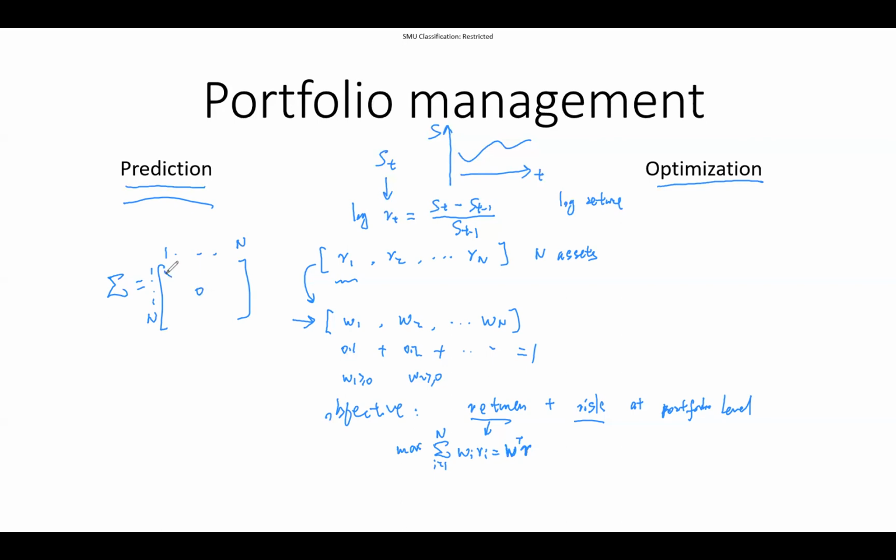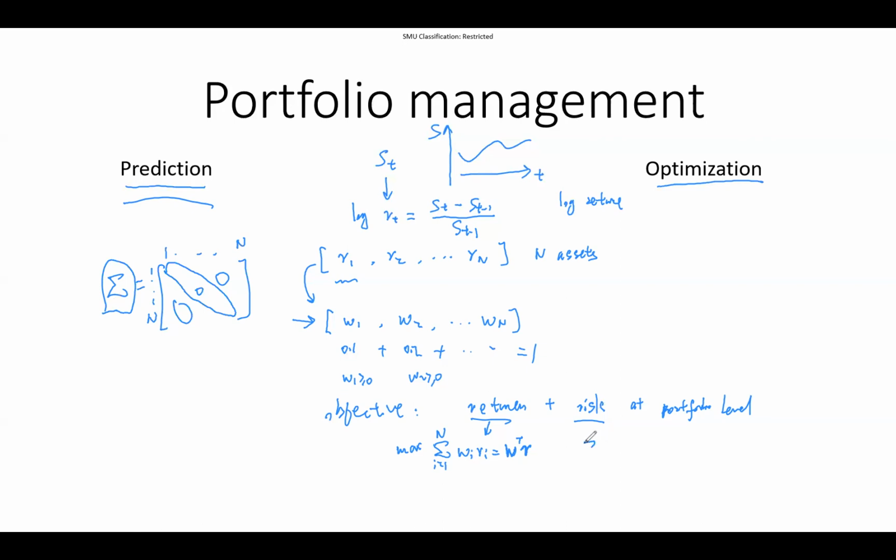The diagonal entries are the variance of the assets themselves, and the off-diagonal parts describe the covariance between different assets. We use sigma to denote the covariance matrix of this portfolio.